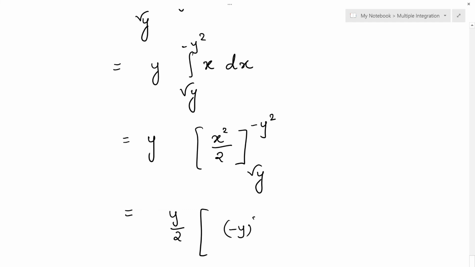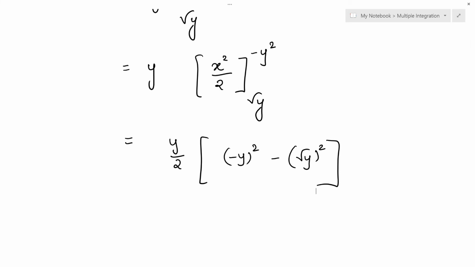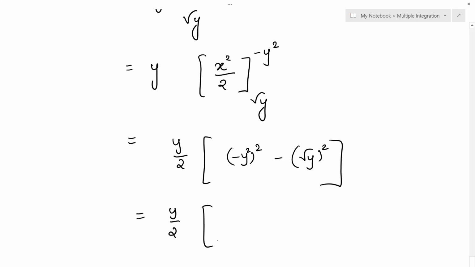Minus y square minus root y square. Okay, sorry, minus y square, squared. So that will be y by 2, y raised to 4 minus y. Therefore the I1 answer will be y raised to 5 minus y square by 2.